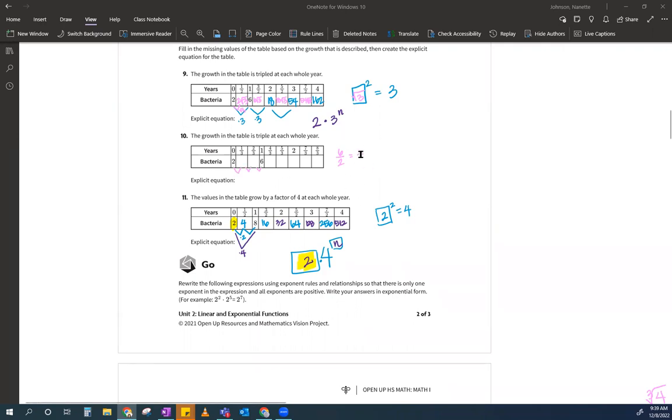So I'm thinking of what to the third gives me 3, because I'm multiplying, because it's tripled, right? So that means in between it is also being tripled. So I think, okay, well, what number cubed gives me 3? And I'm like, I don't know that number.